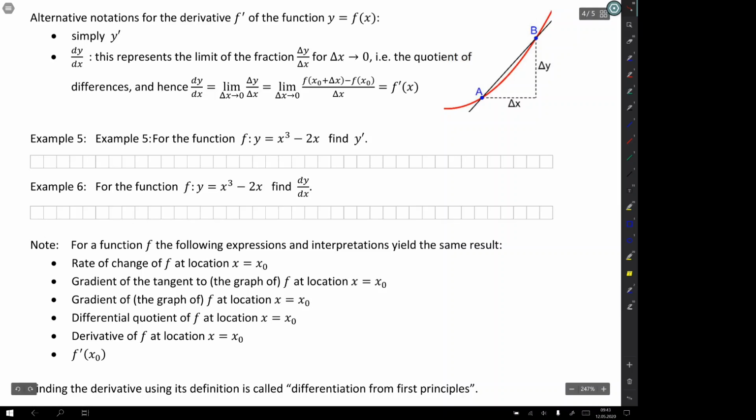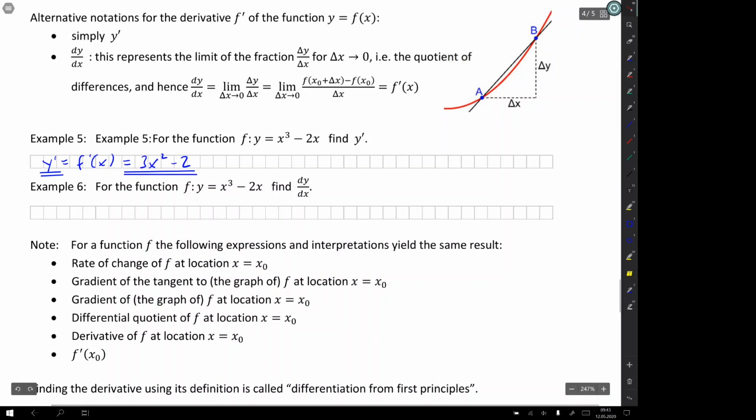So in example 5, find for this function the y dash. Well, the y dash is just the same thing like f dash of x. We calculated that before, so we have just 3x squared minus 2. And the same thing virtually applies to example 6.